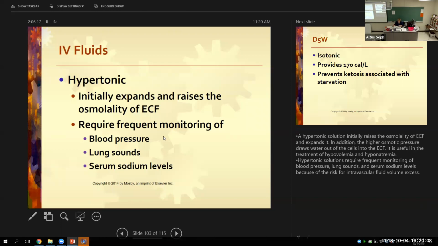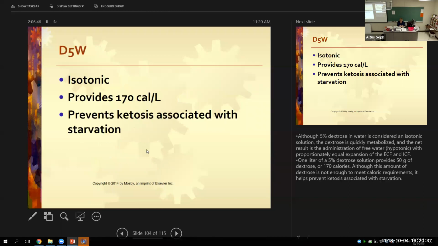So that's why you have to really watch for signs of increasing extracellular fluid volume. So monitor lung sounds, because if they have underlying heart failure, you can end up getting extra fluid volume within the vascular system because of pulling it out of the tissue. And then you can end up in congestive heart failure again. So anyway, you want to monitor blood pressure, lung sounds, and serum sodium levels.